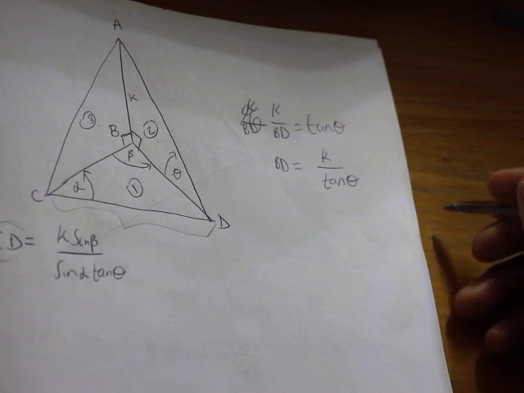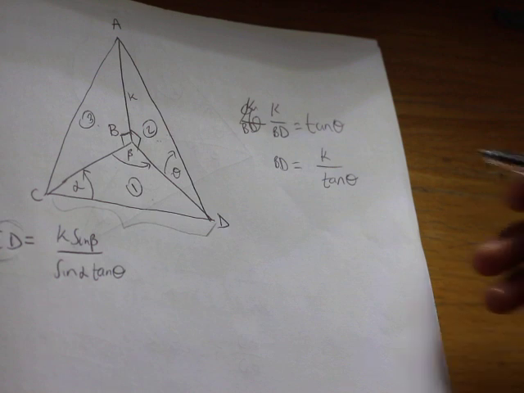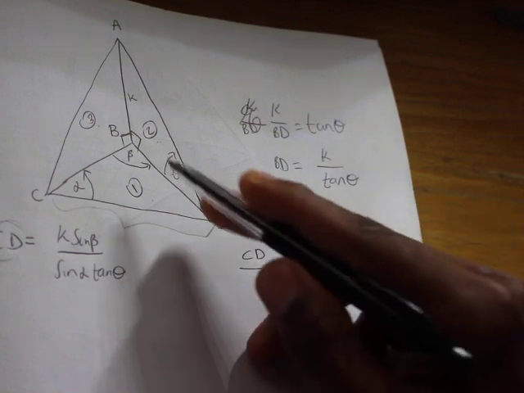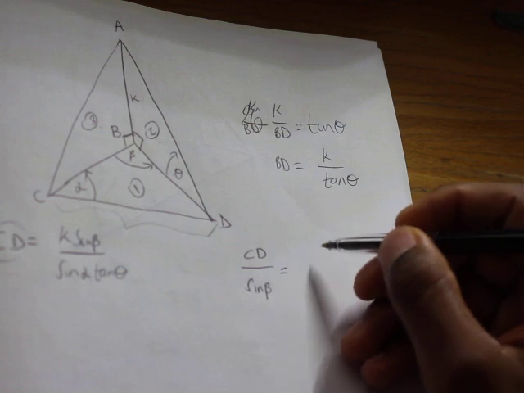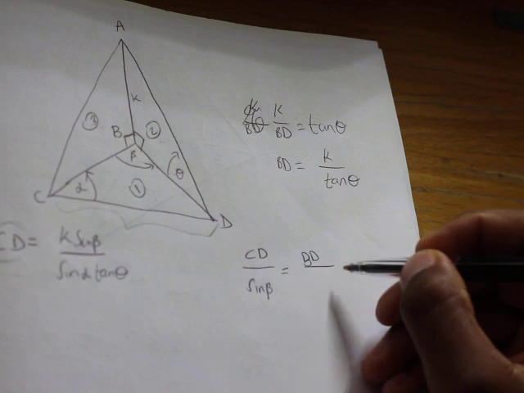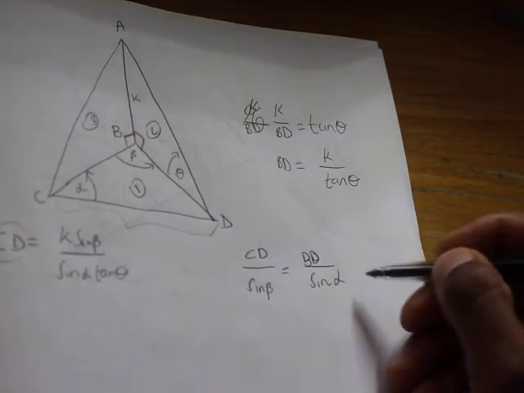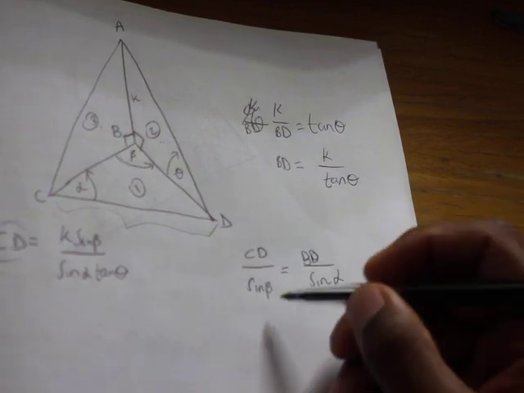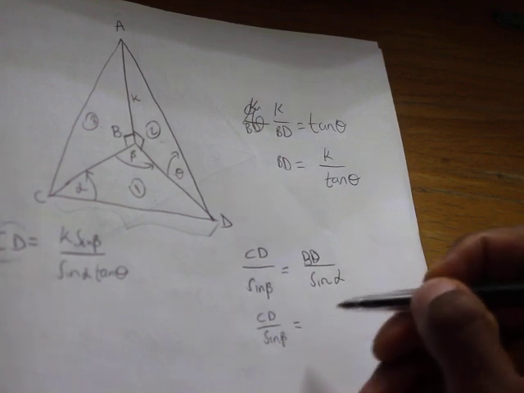So now that we've got BD, I think we're ready to find CD, because if you check, CD over the sine of angle beta is equal to BD over the sine of angle alpha. And this is just the sine rule. So CD over the sine of beta is equal to what?